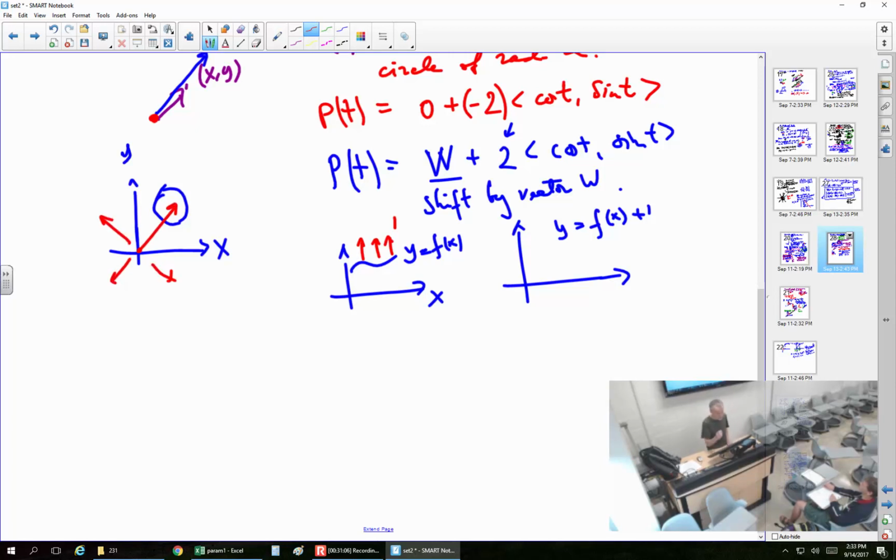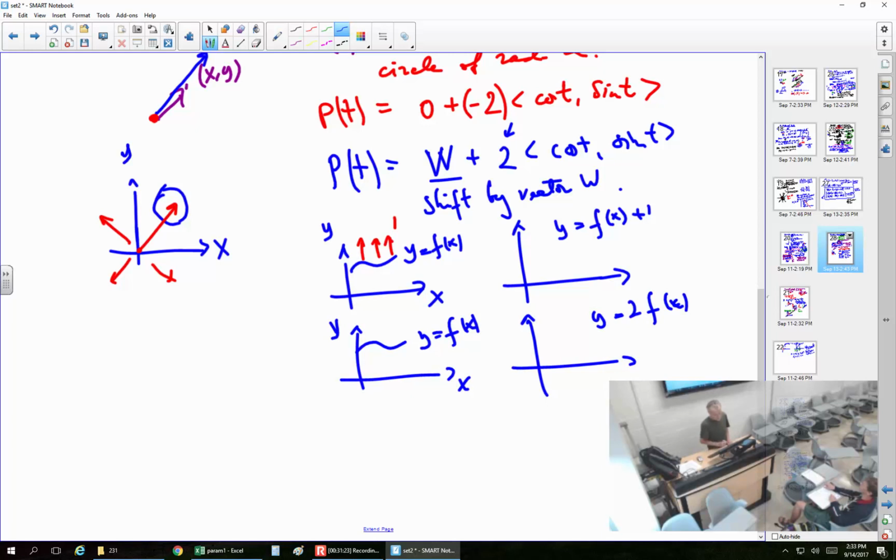But that's not really the hard part. The hard part is what happens if I multiply by 2. So if this is y equals f of x, and then I consider y equals 2 f of x. Remember, the answer is you stretch the graph. Can you be more specific? Once again, this is a Calculus 1 question.